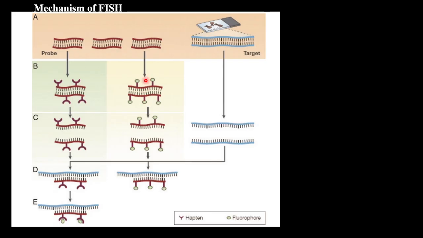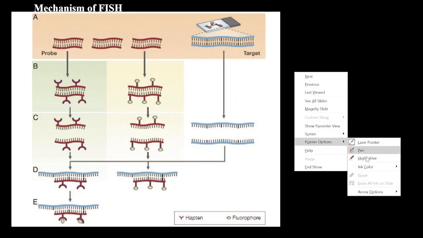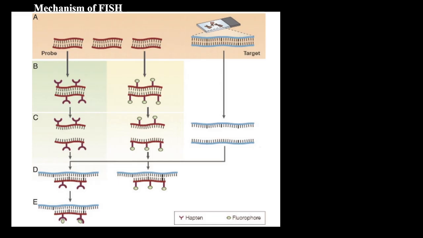If you are using the direct probe, the direct probe will bind to the target site. Once it binds to its complementary site, it will give the fluorescence signal. But if you are using the indirect probe, then you are using the hapten molecule. Suppose you are using biotin as a hapten, then there is one extra step.